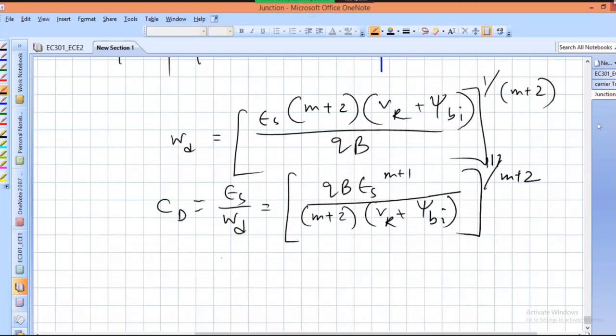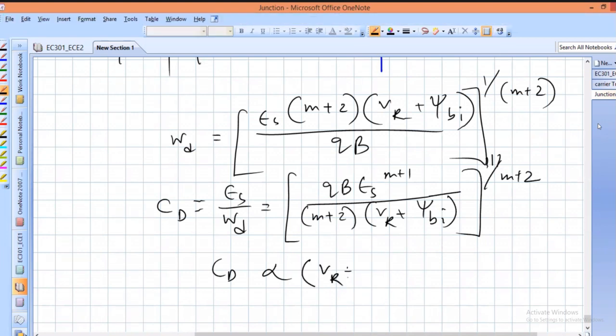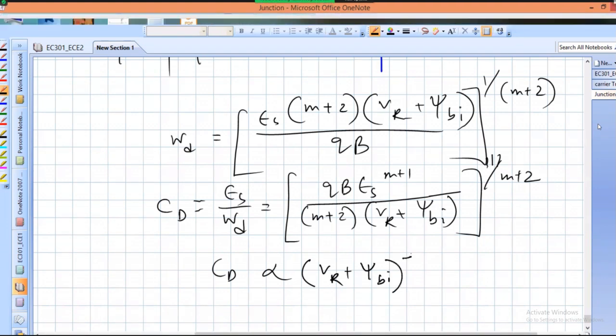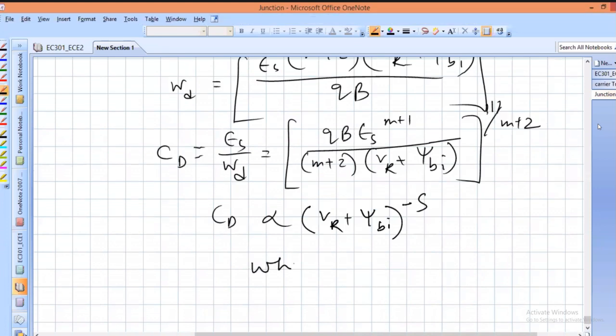Or in another way, I can write CD is proportional to VR plus psi VBI to the power minus some constant term S, where S is 1 divided by m plus 2.